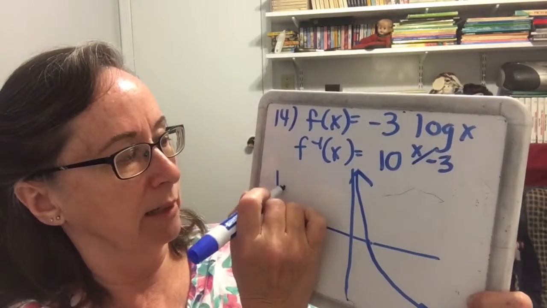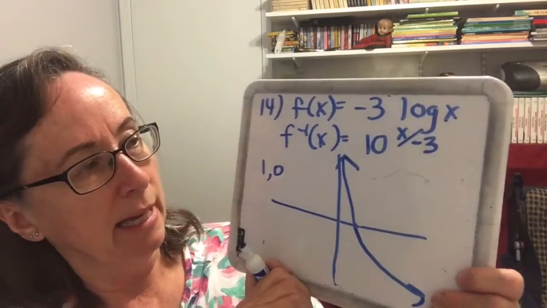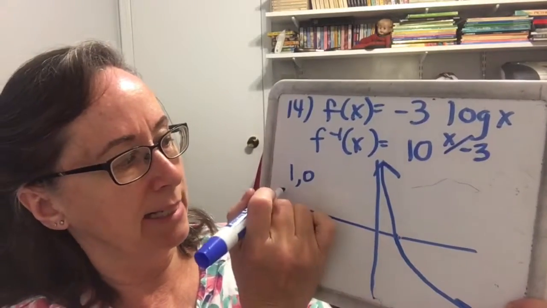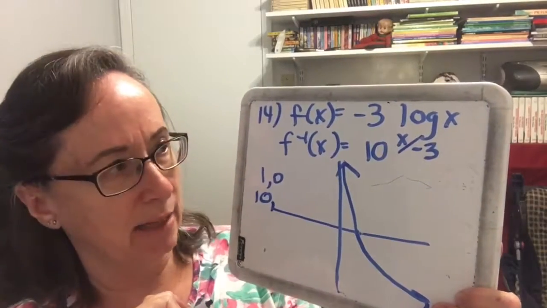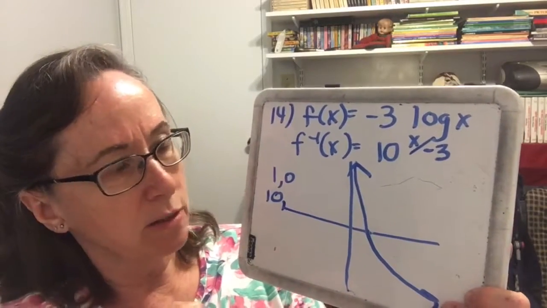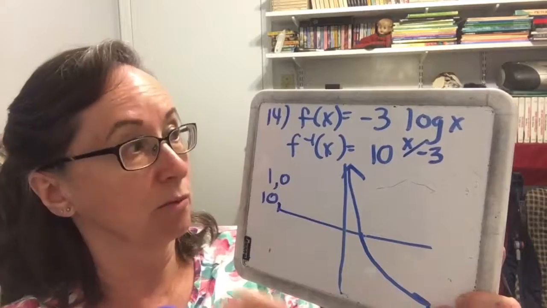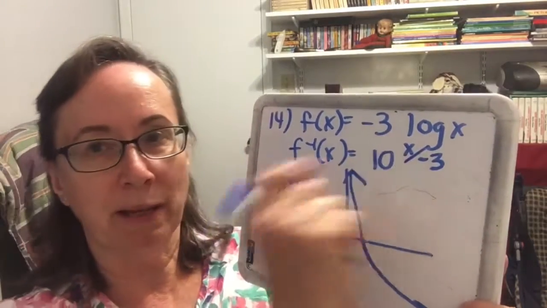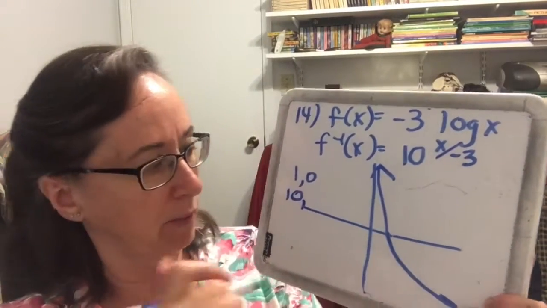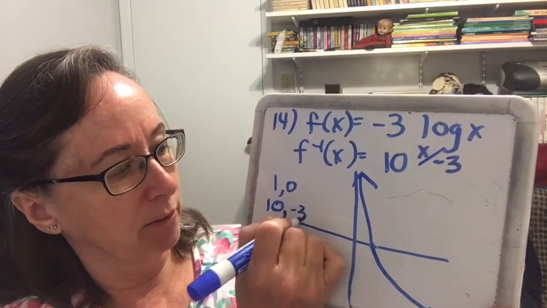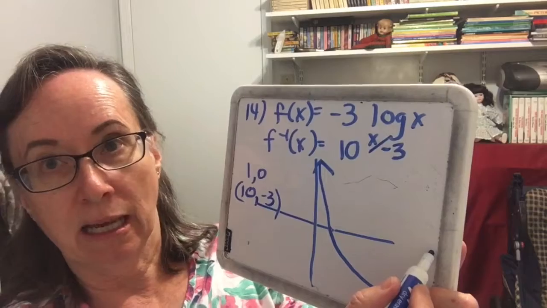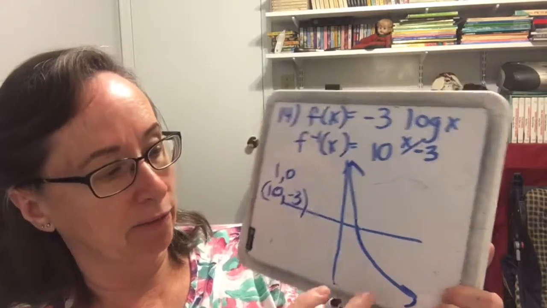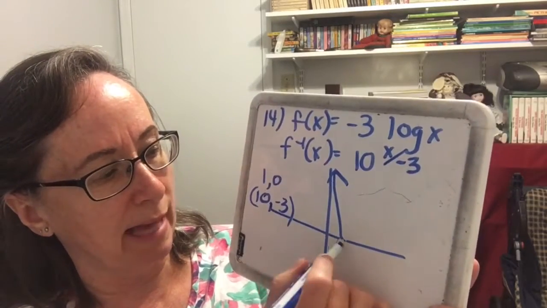So (1, 0) still works. If I throw in a 10, which since this is log base 10 would be a good point to use, log base 10 of 10 is 1, but then I multiply that 1 by negative 3, and I'm going to get negative 3. So when I come out here to 10, I'm going to go down to negative 3. So it's probably not quite that.